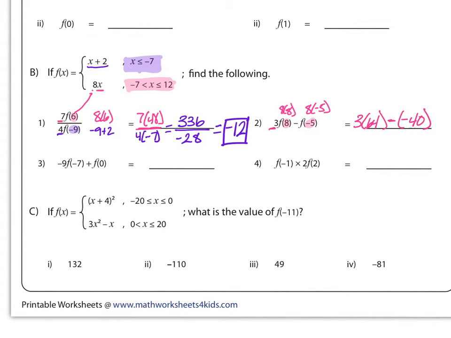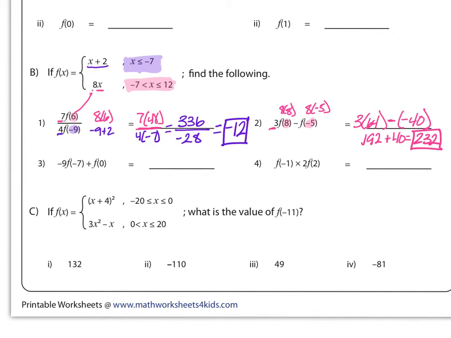Okay, 3 times 64. Let's see, 64 times 3 is 192. Minus a minus is plus 40. So plus 40, 232. And there's your answer.